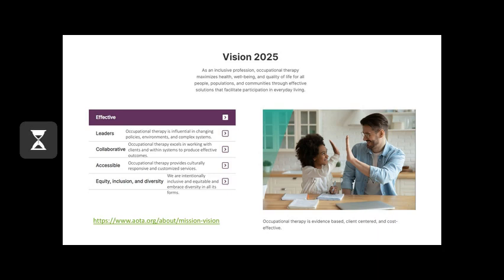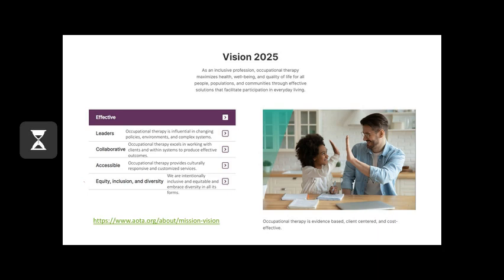In Vision 2025, it states that we are accessible, that OTs provide culturally responsive and customized services. That's no surprise to us, right? We are client centered. And we highlight that in equity, inclusion, and diversity, we are intentionally inclusive and equitable and embrace diversity in all its forms.